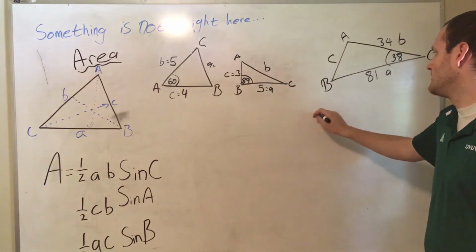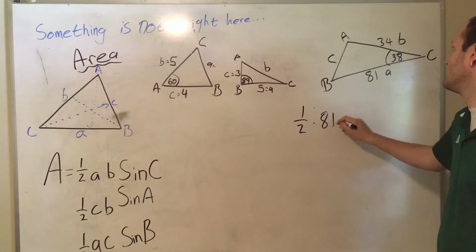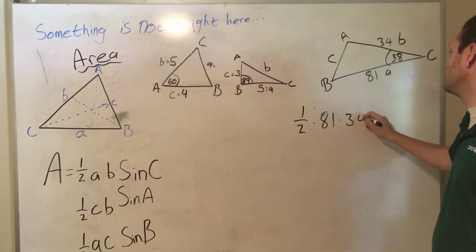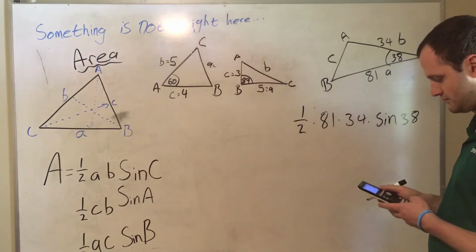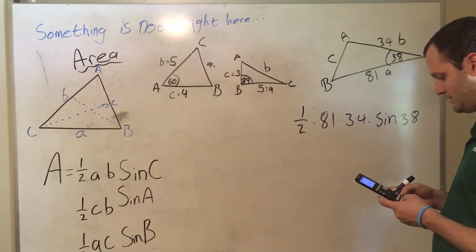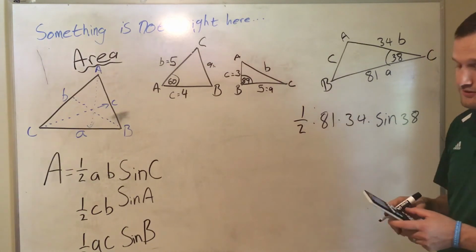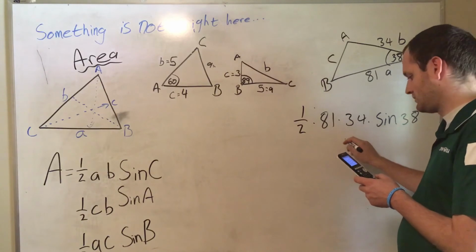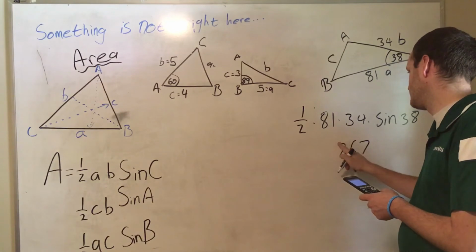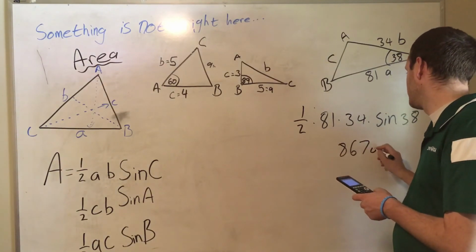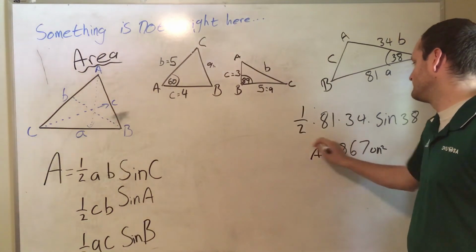So that gives me 1/2 A, which is 81, B, which is 34, and sine of 38. 0.5 times 81 times 34 times sine of 38, if you are in degrees, gives you 867. Remember, 3 sig figs. And that is the area of our triangle.